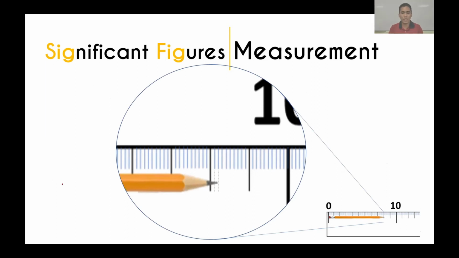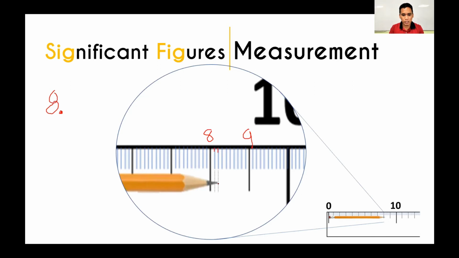Therefore, it is more specific than the past examples we had earlier. So if this is 9, then this is 8. So we can say that the pencil is 8 point.